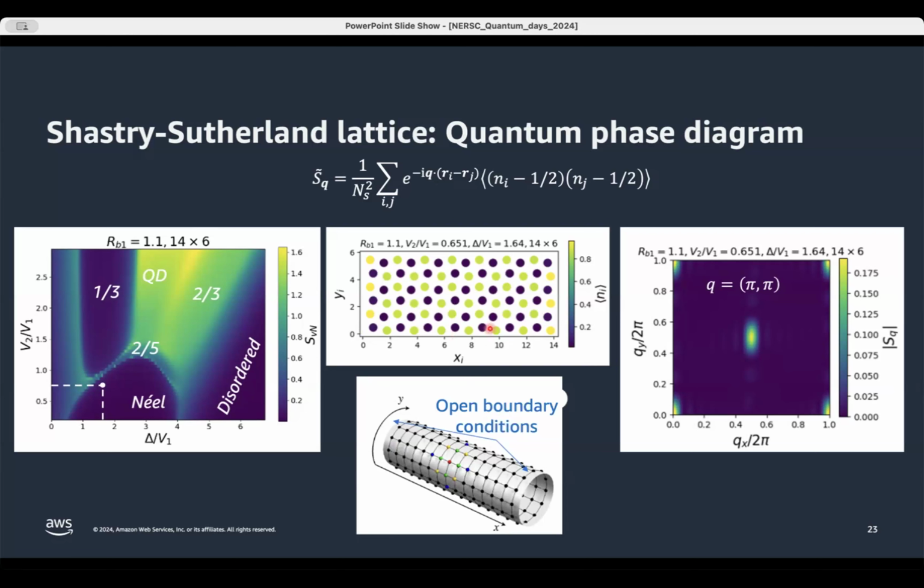Here we pick the parameter in the new phase, we do a DMRG simulation, we find the ground state, which is shown here, and then we calculate the two-point correlation function and do a Fourier transform, as we have seen in the other paper. And then we see these peaks at the pi point there, corresponding to the new phase that we have seen, and we kind of expect from a classical phase diagram too.